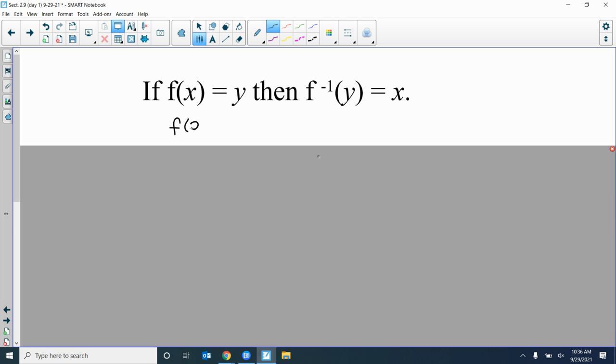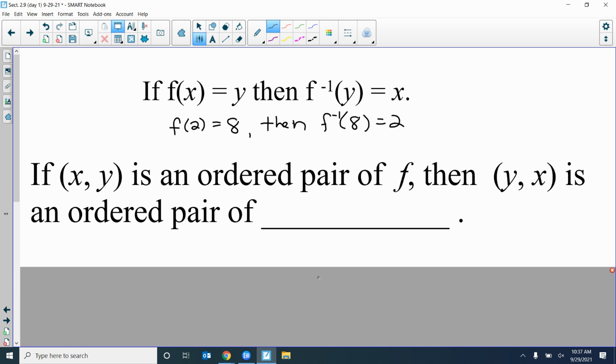If f of 2 equals 8, then what can you tell me? f inverse of 8 equals 2. That's what it means with numbers. If (x, y) is an ordered pair of f, then (y, x) is an ordered pair of what? The inverse.